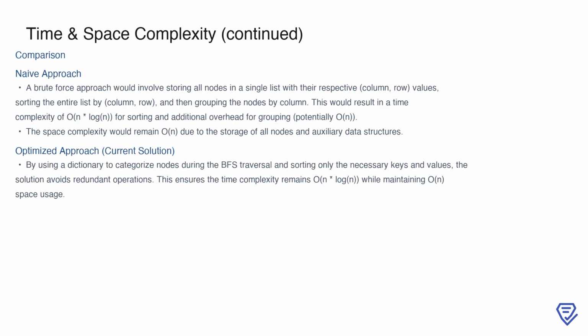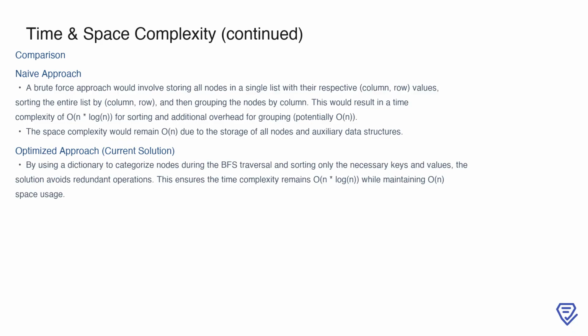To put this in perspective, we can compare the optimized approach to a naive one. The naive approach would involve storing all the nodes in a single list along with their respective column, row values. Sorting the entire list based on these pairs and then grouping the nodes by column would result in a time complexity of n*log n, with additional overhead for the grouping step. The space complexity would remain n, due to the storage of nodes and auxiliary structures.